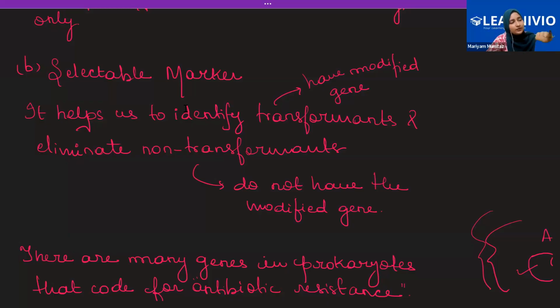So when they are not growing, you can confirm that these are the ones whose DNA has been modified, whereas the others do not have the modified DNA. This selectable marker is very, very important for you to distinguish which one is a transformant and which one is not a transformant.